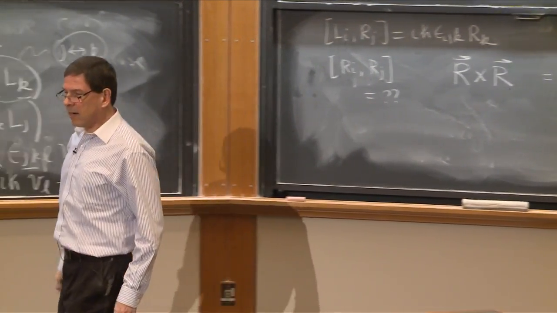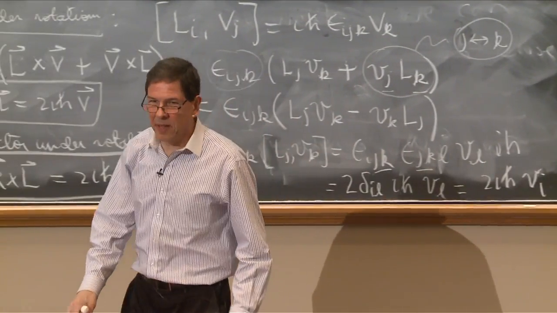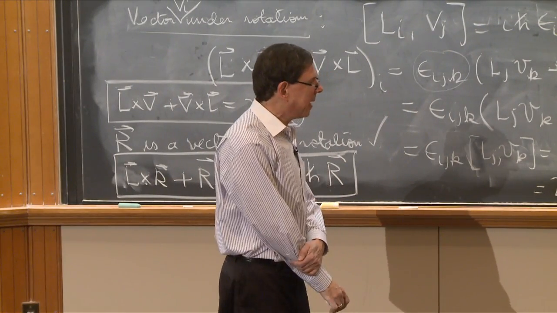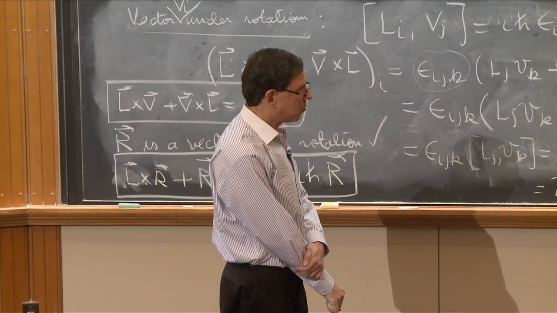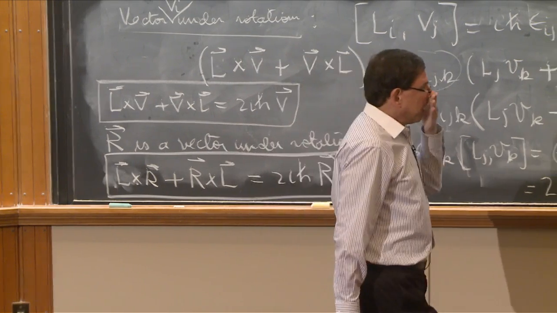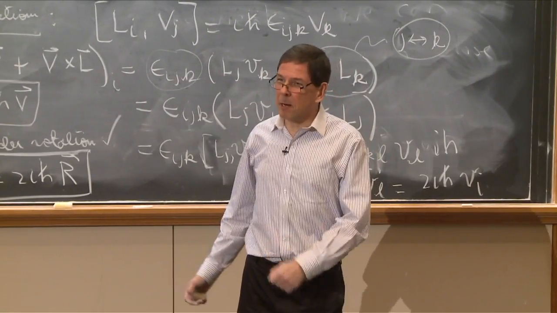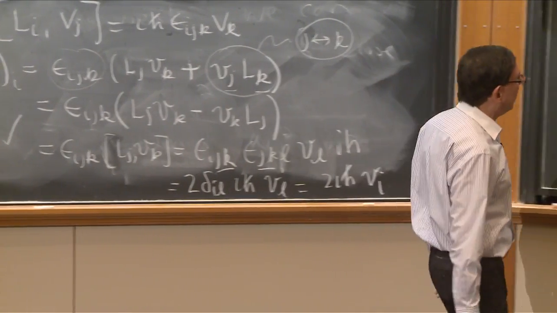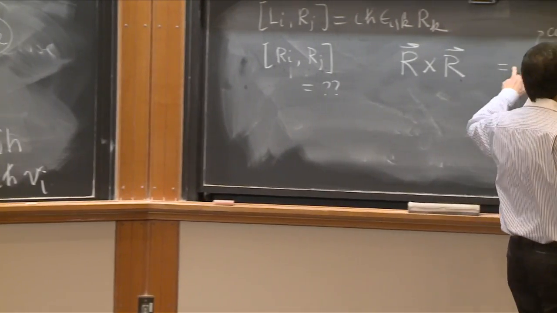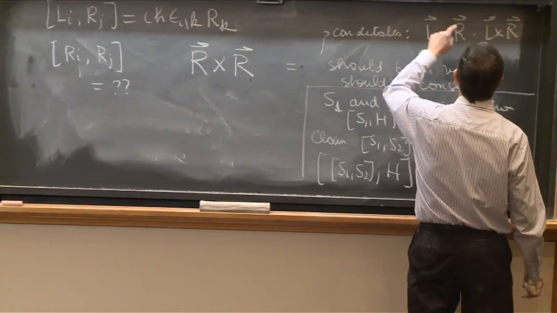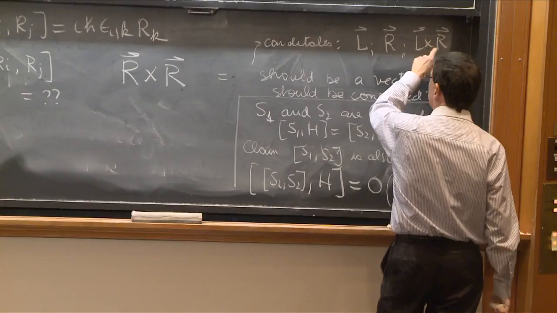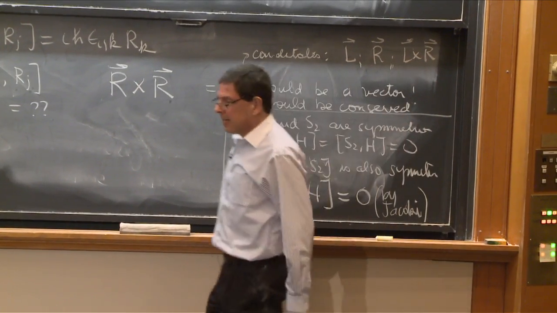L and R are our only conserved things, so it better be that. Still, this is far too much, so there could be a term proportional to L, a term proportional to R, a term proportional to L dot R.